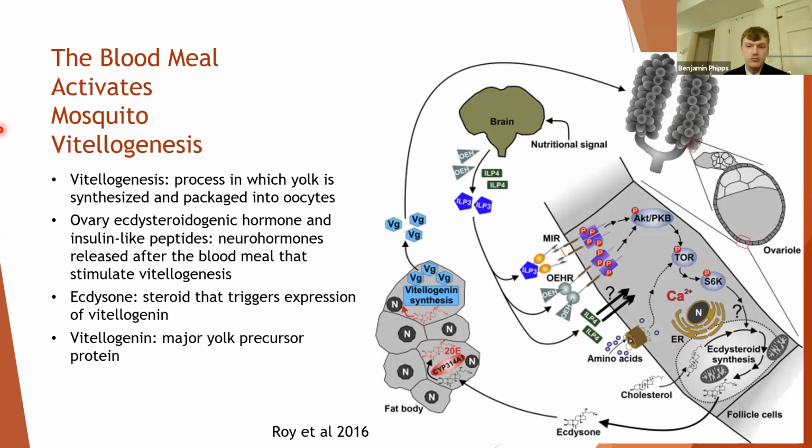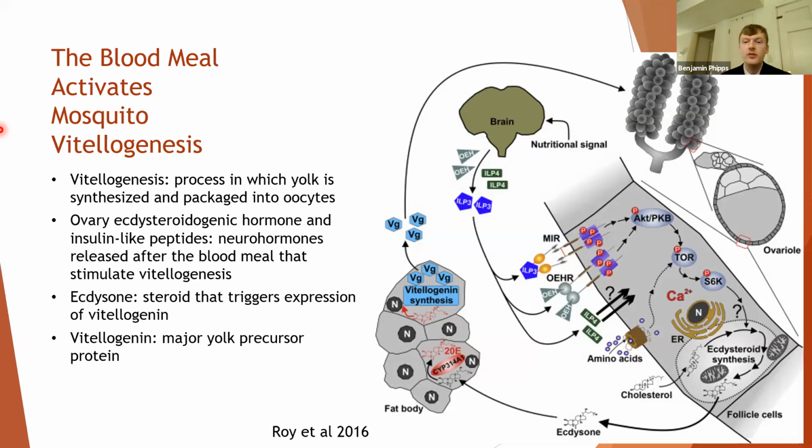The primary pathways involved in this process in mosquitoes are the insulin signaling and target of rapamycin, or TOR, pathways.